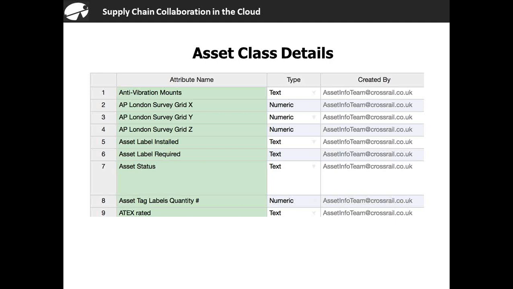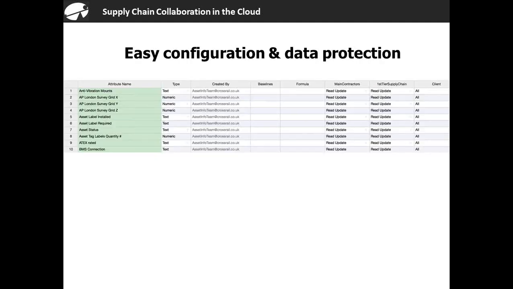And you can set permissions and other attributes against them, so that depending on who you want them to be viewed by, Crossrail might not actually see that information because it's not relevant. Next slide, please.